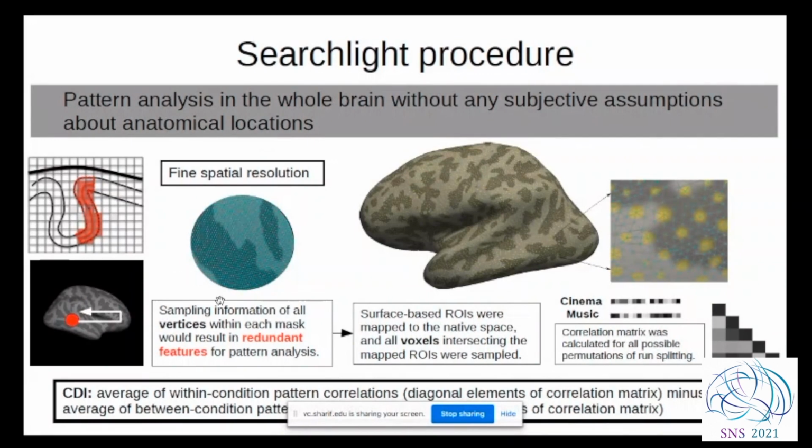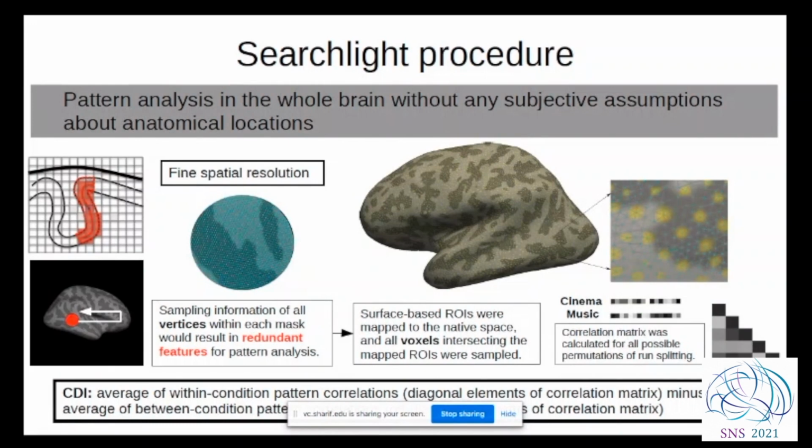And then how we look at the pattern information in each searchlight ROI, that has been described here. Basically, what we do here is that we split the runs, the functional runs, into two groups. For example, odd runs and even runs.